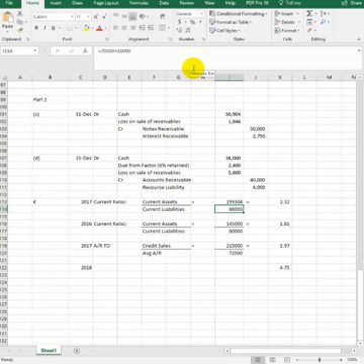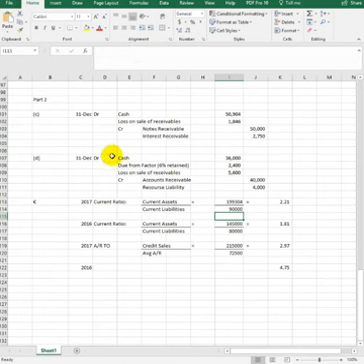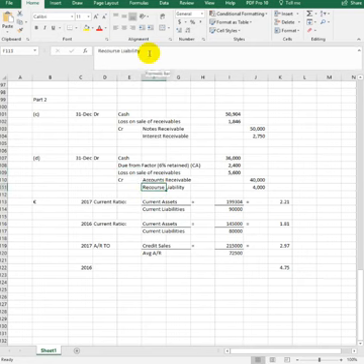The denominator will be the liabilities. So we have accounts payable of 70,000 and the accrued liabilities of 16,000. Plus we have another 4,000 of recourse liability shown here. So this due from factor, that's a current asset. And this recourse liability is a current liability.